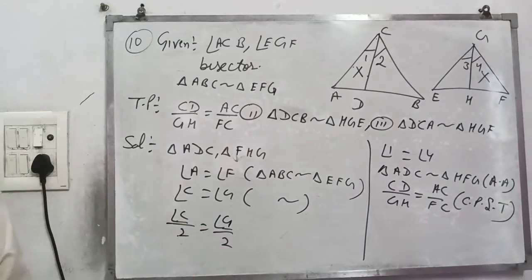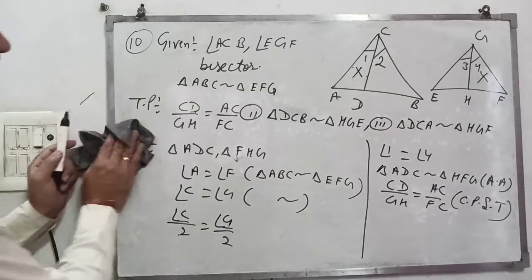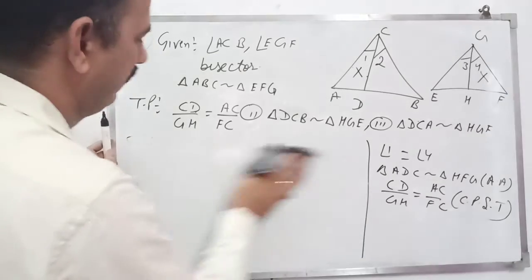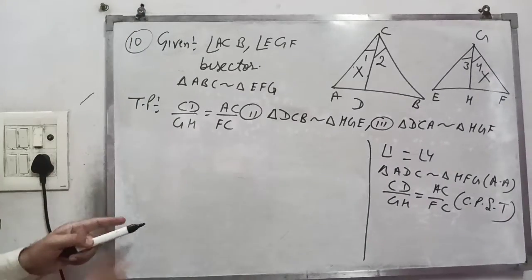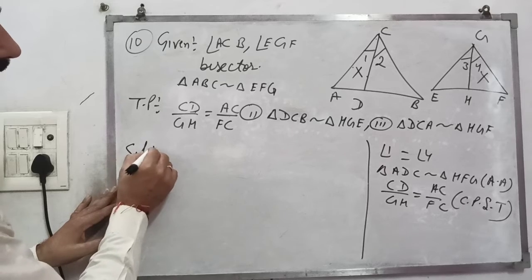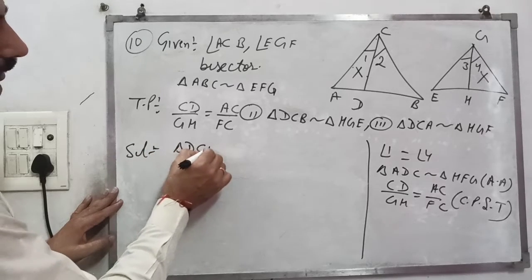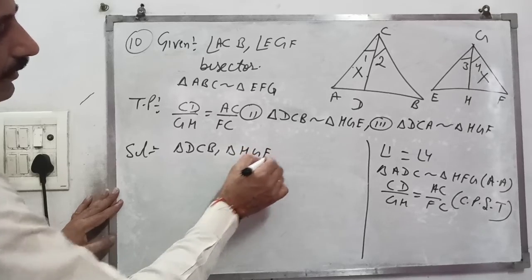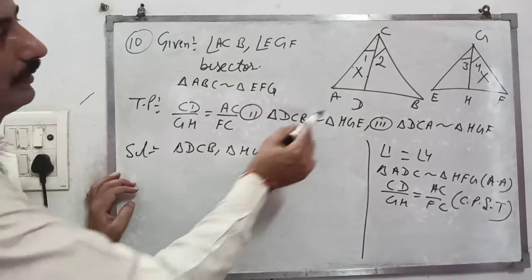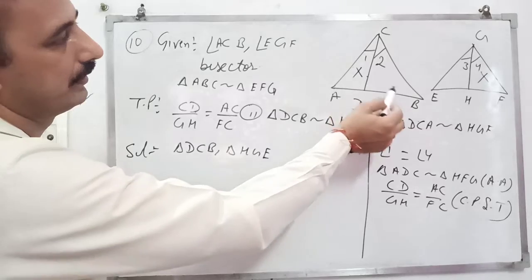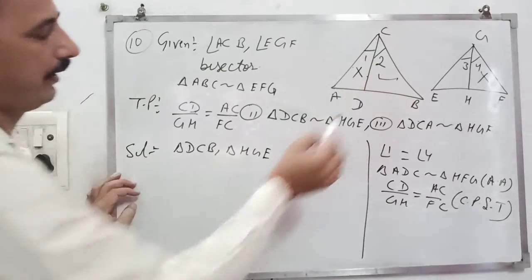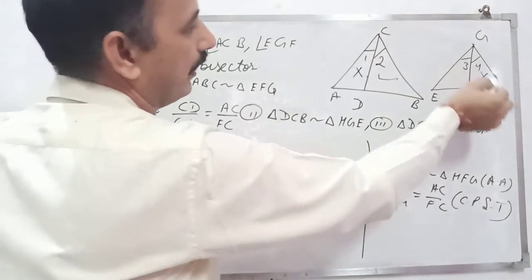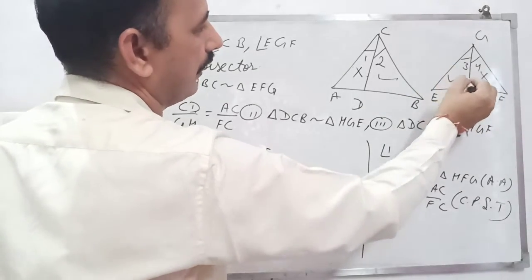Now come to the second part. For the second part, we can use triangle DCB and triangle HGE.